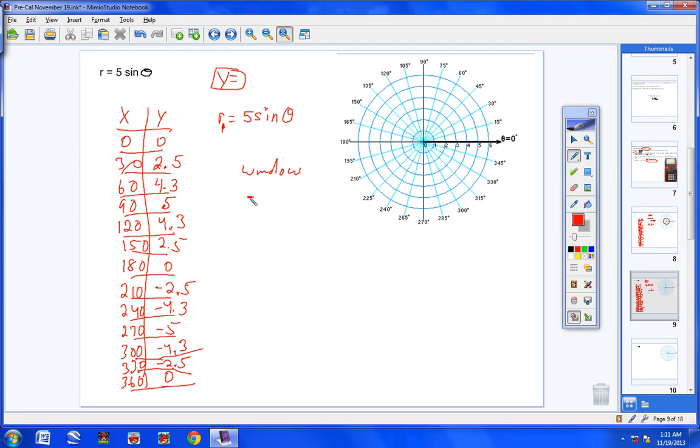Go a little bit past. Notice how your highest number over here is 5 and your lowest number over here is negative 5. So you want your range to go from negative 5 to 5. I would put negative 6 for your minimum, and positive 6 for your maximum. Now for Corey and Caleb, don't worry about that. You have no window in your calculator to worry about, so you just go ahead and fill in your table of values.